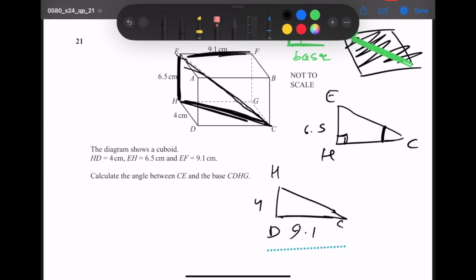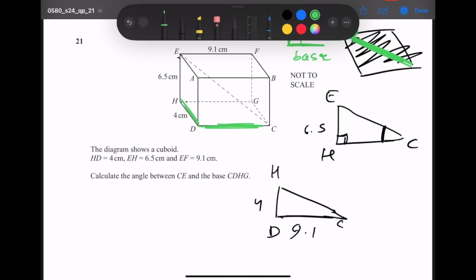Since CD and DH form a right angle triangle, CH would be equal to the hypotenuse of this triangle CDH. And this line CH can in turn also be used to find the angle between the base and CE.